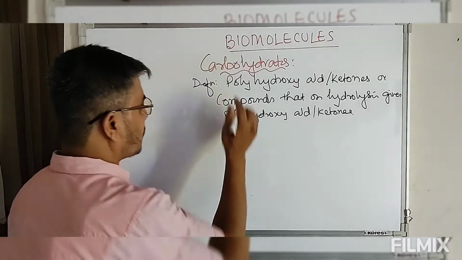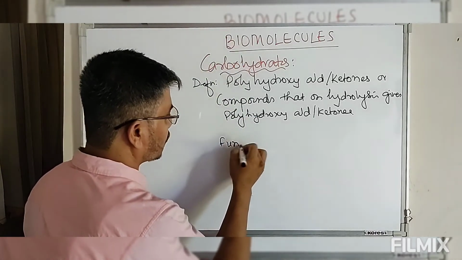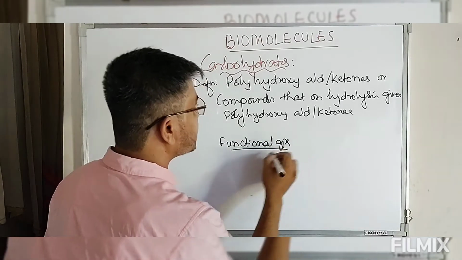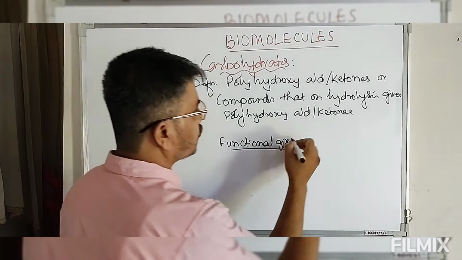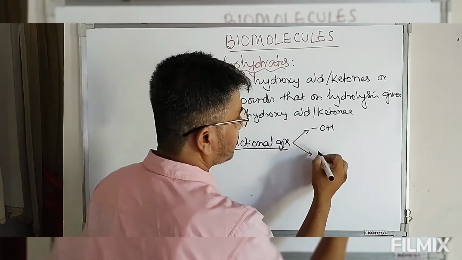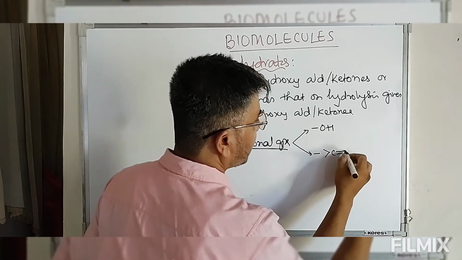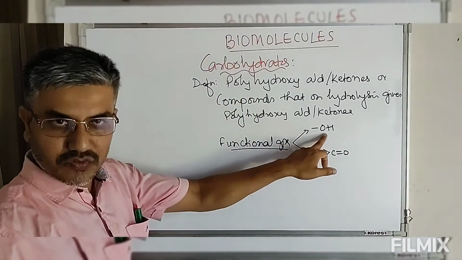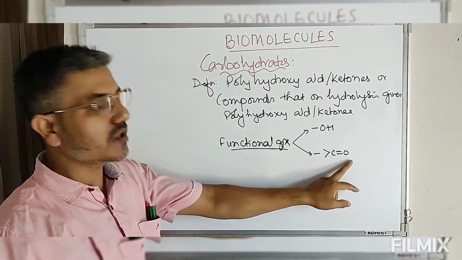So these carbohydrates contain functional groups. There are two functional groups present here. One is the OH functional group, the other one is the carbonyl functional group. This is the alcoholic or the hydroxyl group. This is the aldehydic or ketonic group.